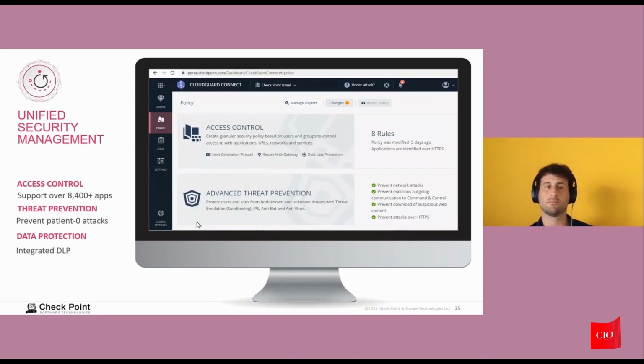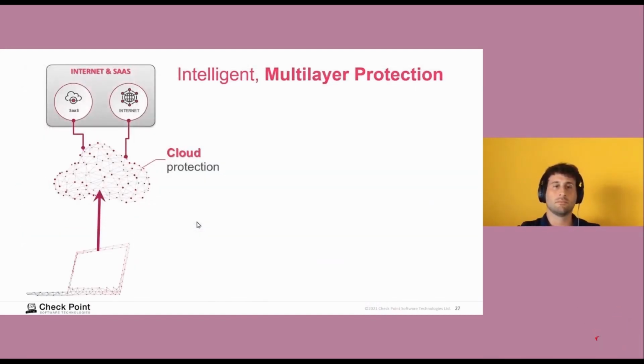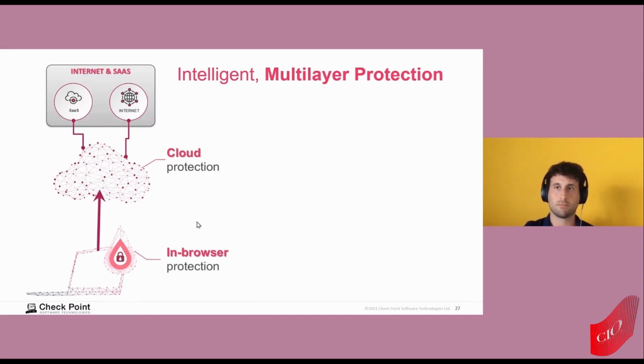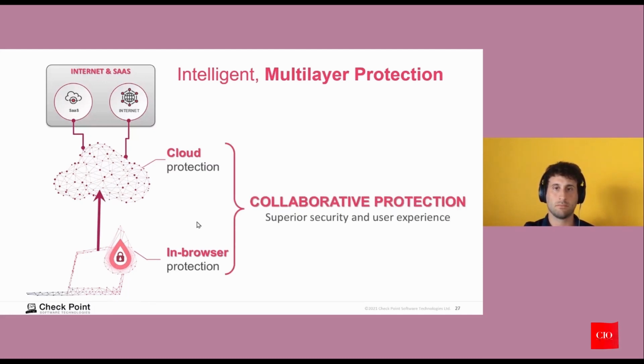All of this is facilitated in the cloud, and we're actually taking this a step further by combining internet-bound protection for users in 2 distinct layers, one in the cloud, the other in the browser itself. This is called Harmony Browse, and it comes in the form of a browser extension. It lets you run those same protections right within the browser, and it collaborates on the protection with the cloud.